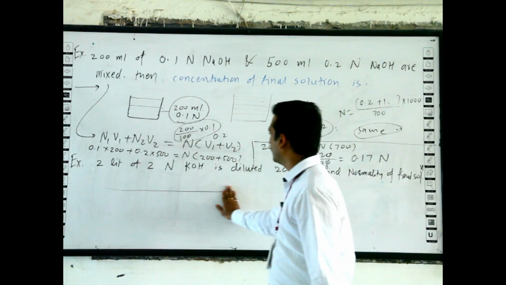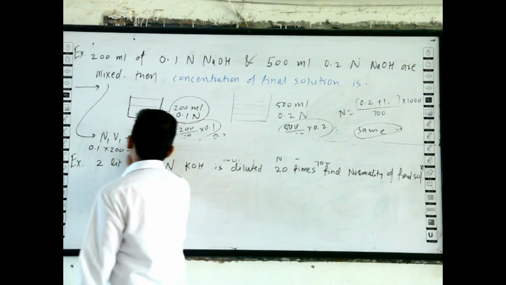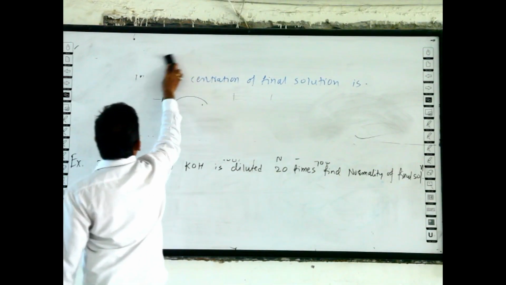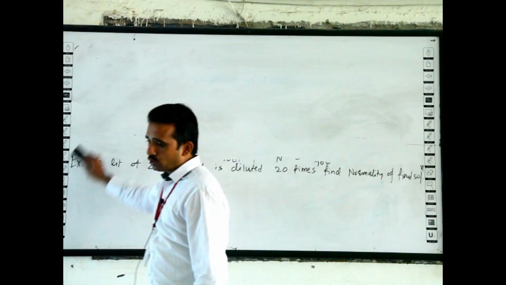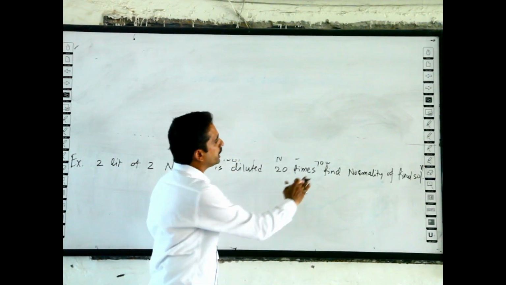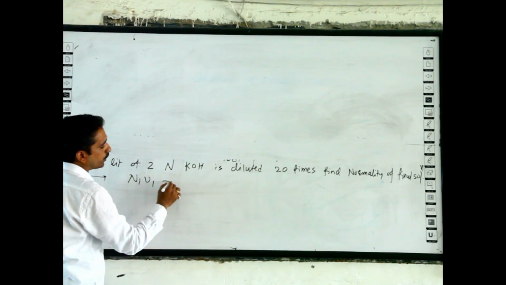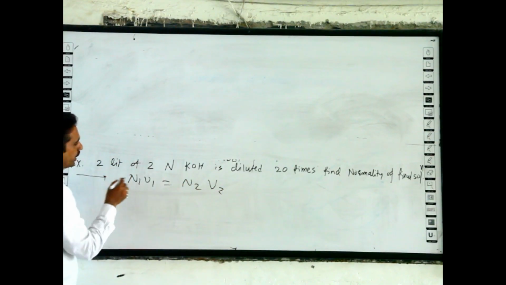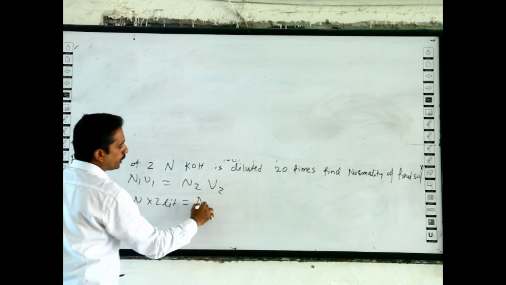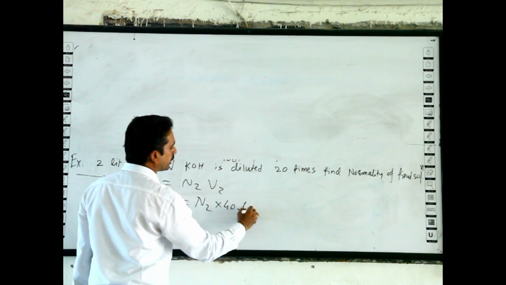And the next one, the last one, is: 2 liter of 2 normal KOH is diluted 20 times. Find the normality of the solution. Here the formula is N1V1 equals N2V2, where N1 is 2 normal, V1 is 2 liter, N2 we have to find out, and V2 is 20 into 2, that is 40 liter.